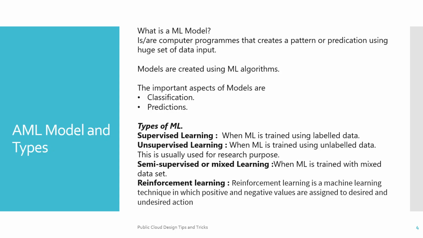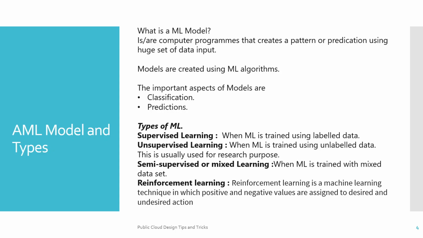Now, in general, there are different types of machine learning. One is supervised learning, where the ML is trained using labeled data, where you know the data basically. The aspects of the data are known to you, so that is supervised learning. Opposite to supervised learning is unsupervised learning, where you don't know anything about the data. Let's say you are getting different feedback from the market; that kind of data you don't know. You just have to capture that data, and then derive some sentiments or results out of it.